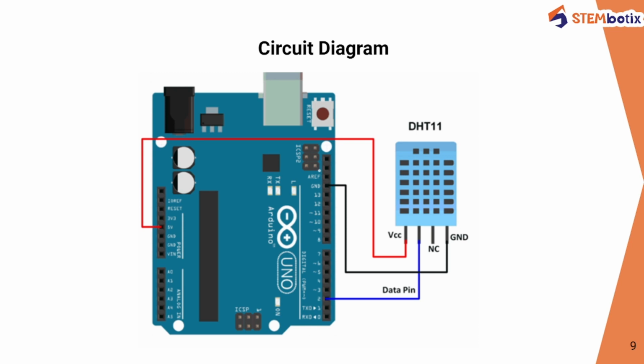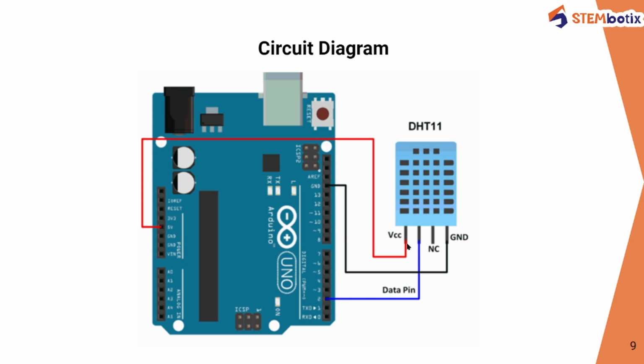This is the circuit diagram, or this is how you are going to connect your DHT11 sensor with the Arduino or microcontroller. So this is our microcontroller and this is our sensor. The VCC pin of the DHT11 sensor is connected to the 5-volt pin of the Arduino Uno board. As you can see here, this 5-volt pin is connected to this VCC pin.